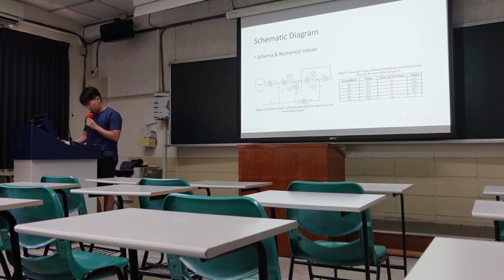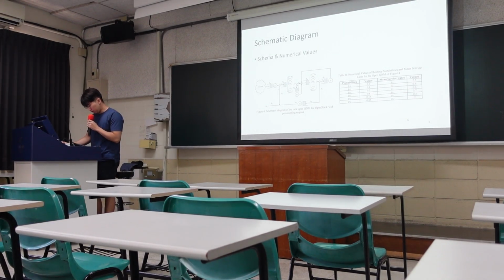Therefore, I adjusted station 2 to station 3 to 0.3, and station 2 to station 4 to 0.7. And then station 4 to station 5 is 0.15. Then station 4 to station 6 is 0.85.